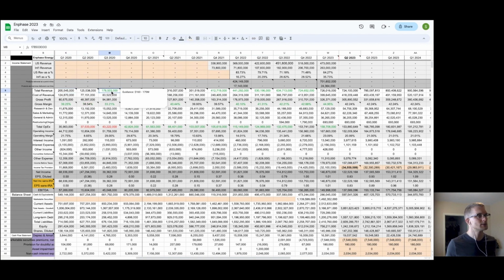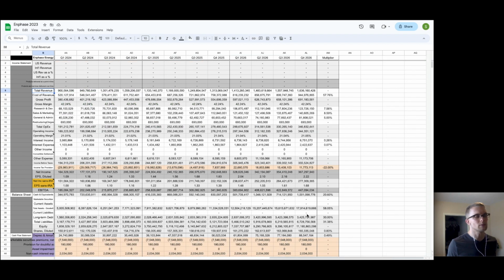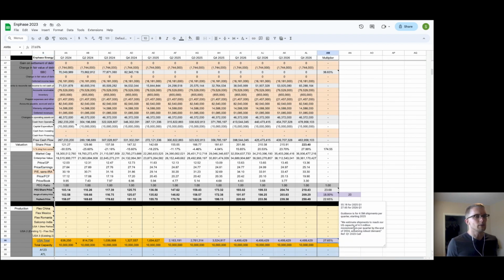If they beat guidance, green, and if they fell short of guidance, red. As you can see, for those three categories, Enphase generally beats guidance. So to go back to that 2025 quote, I think it's safe to say that we are going to hit this, but let's be conservative and assume a full year delay because anything could happen.